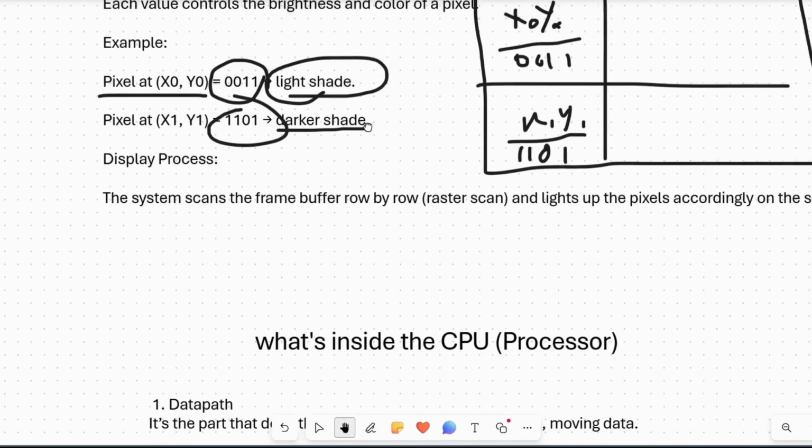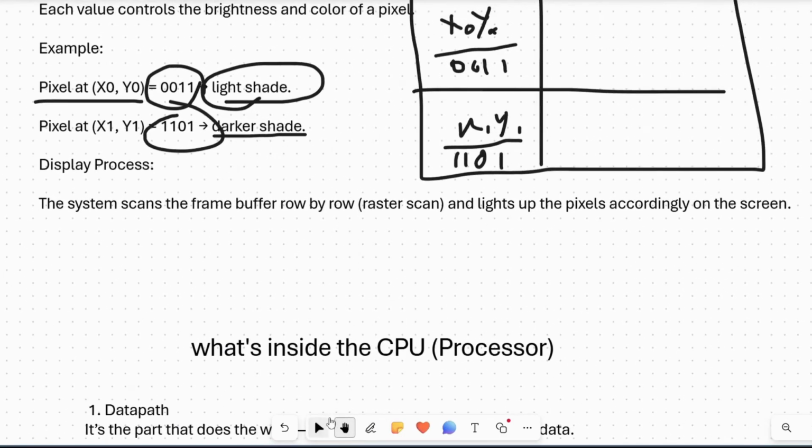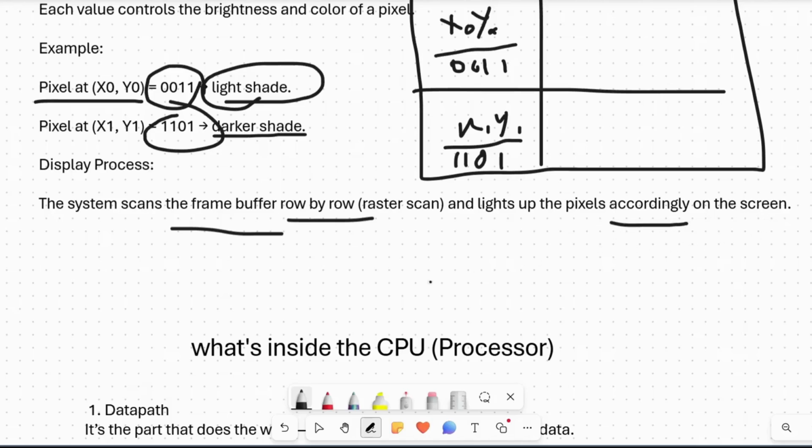So you can imagine that all these values are stored, and they represent the requirement of our display, to show us the required image or photo or file that we're searching for. So this is the way it works. Display process: the system scans the frame buffer row by row, a raster scan, and lights up the pixels accordingly on the screen.